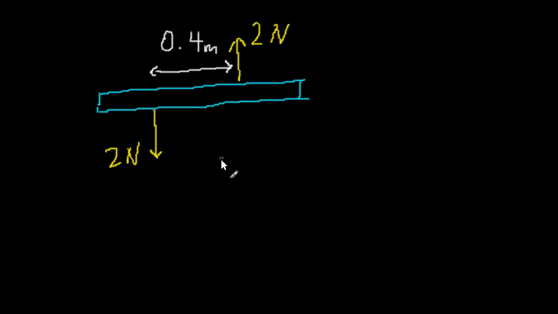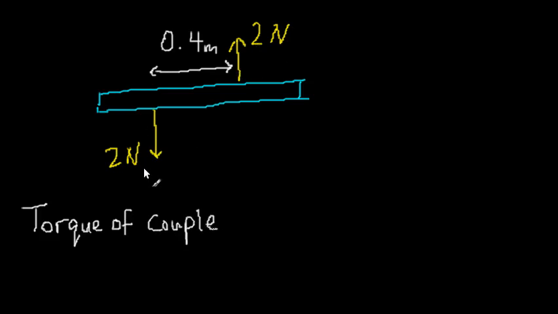So we have seen earlier that we can find what we call the torque of this couple, which is the same as the turning effect. The torque of this couple, meaning the pair of two equal opposite forces that are not along the same line, so that can create a turning effect.